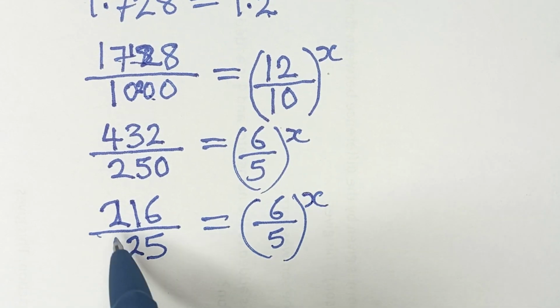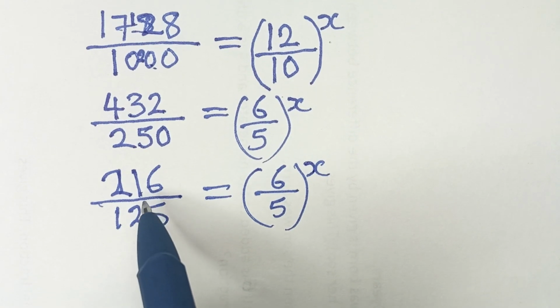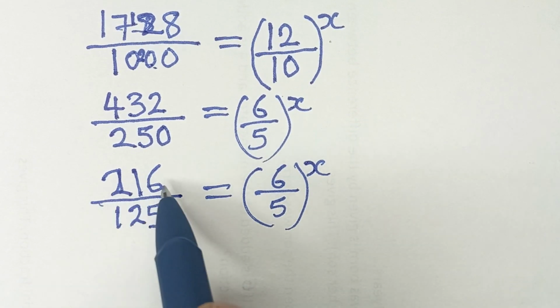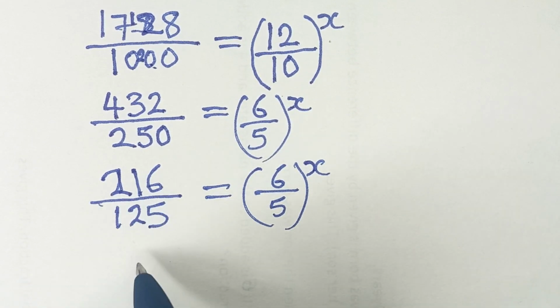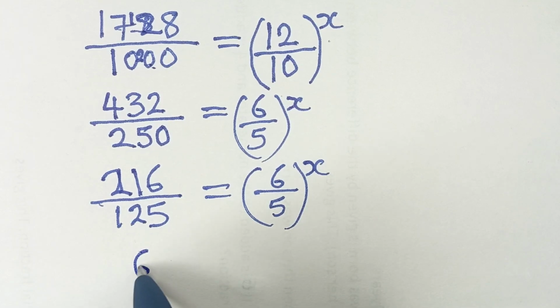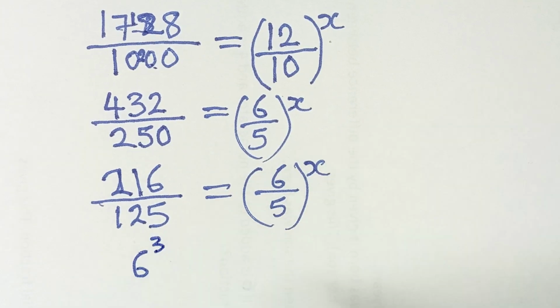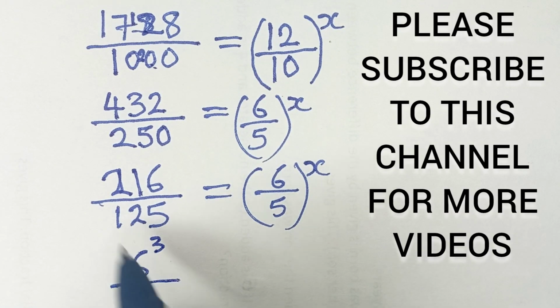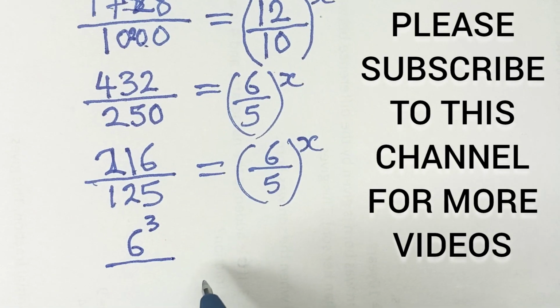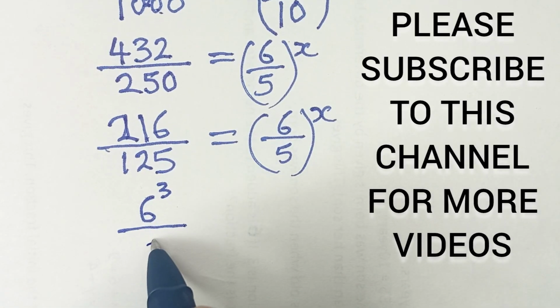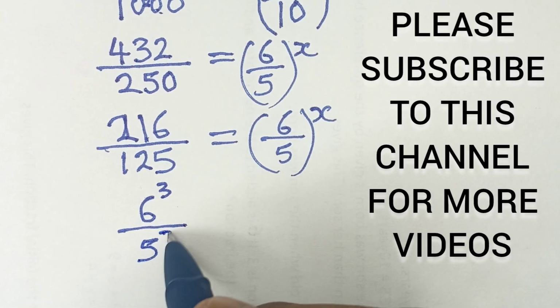Now, if you check this 216, it can be expressed as a base of 3. So 216 is the same thing as 6 raised to the power of 3. And then in the same way, 125 can be expressed as 5 raised to the power 3.